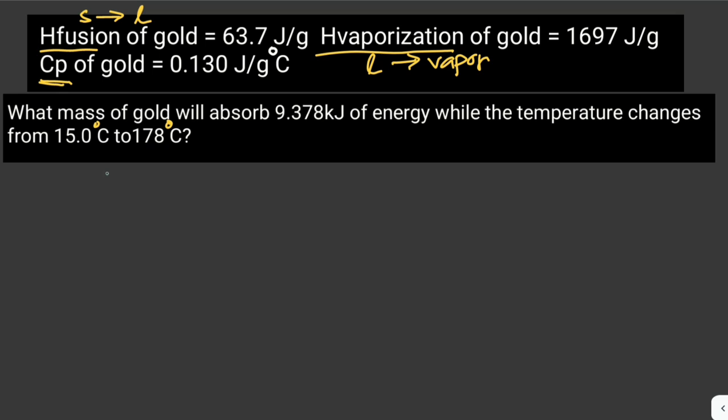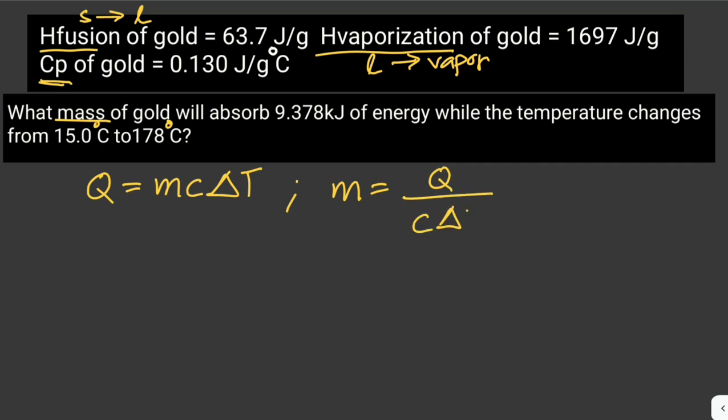In this case, we have gold as our sample. So we use Q equals mc delta T, where Q is the energy, m is the mass, c is the specific heat, and delta T is the temperature change. And we are asked to solve for the mass of gold. So we can rearrange this equation to solve for the mass. Then this would become Q over c delta T. And then we plug in all the given values.